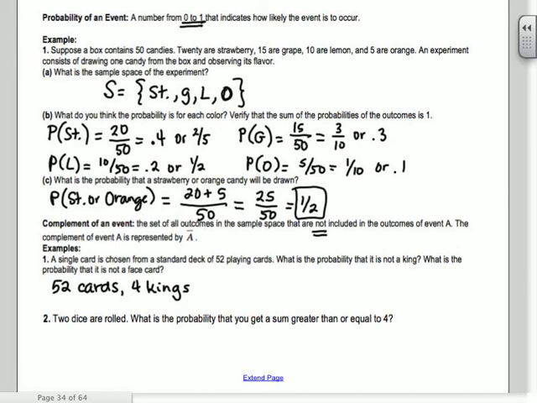So basically, if there's 4 kings, there are how many not kings? What'd you say, Kern? 48, right? You do 52 minus 4.